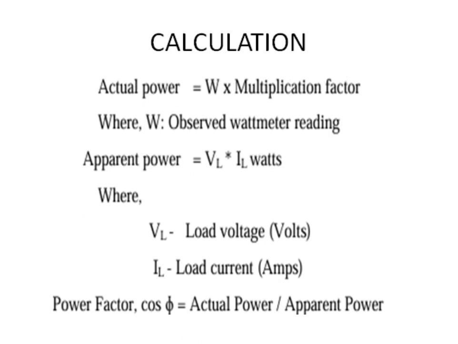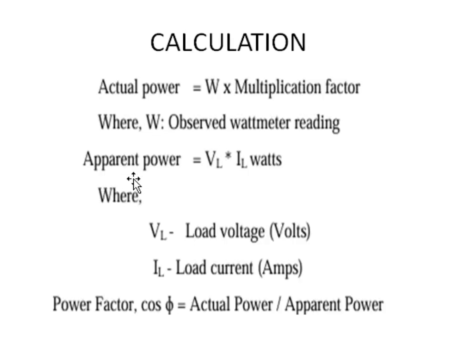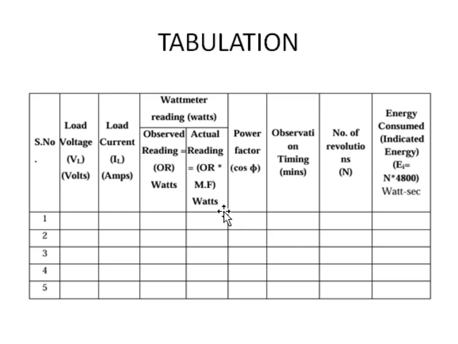And apparent power means VL into IL. This is the VL value and this is the IL value. Both values are multiplied and noted down as the apparent power. So the power factor is the actual power divided by the apparent power. The result will be noted down here. The power factor value will not be more than 1.